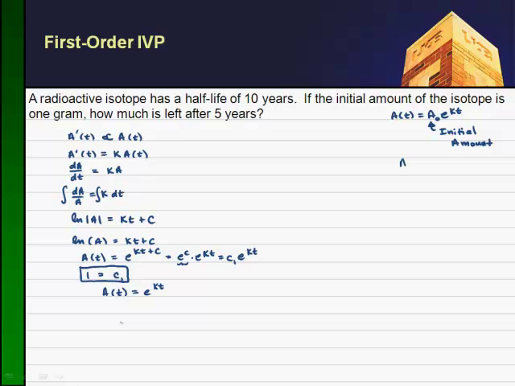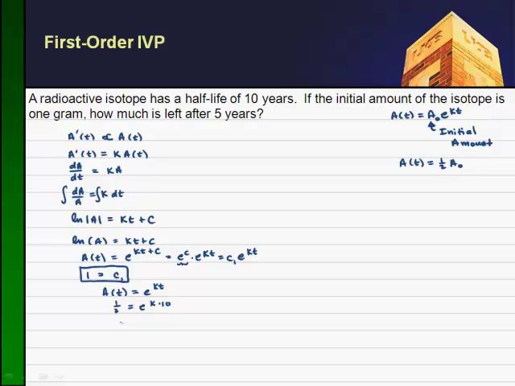So it's like saying A of t is going to end up being a half of A naught. Over here, I know that I started with 1 gram, so this becomes half a gram is equal to 1 e to the k times 10 years.